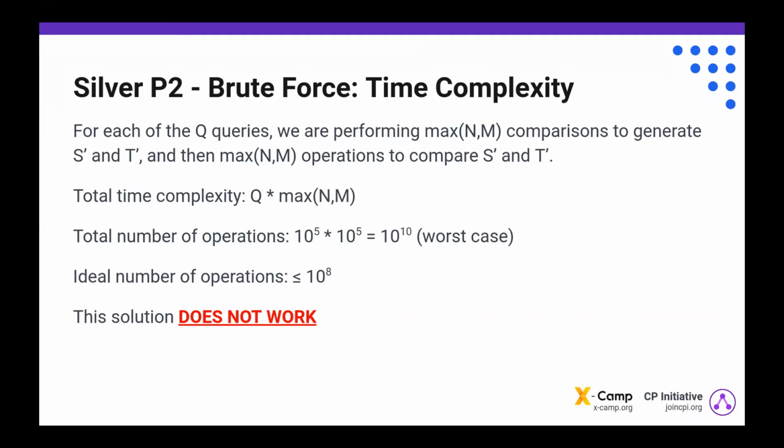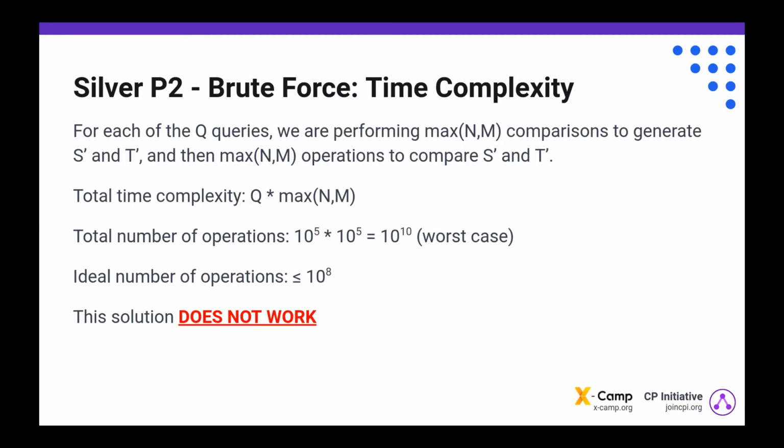The total time complexity will be Q times max of N and M, because for each of the Q queries we're doing this many operations.